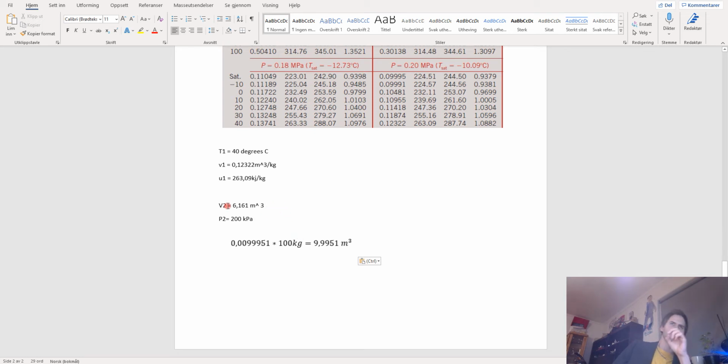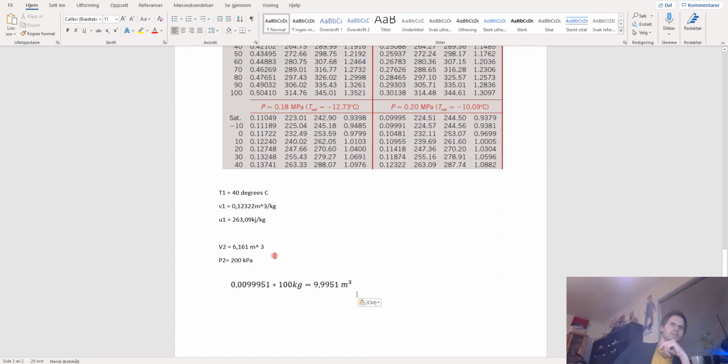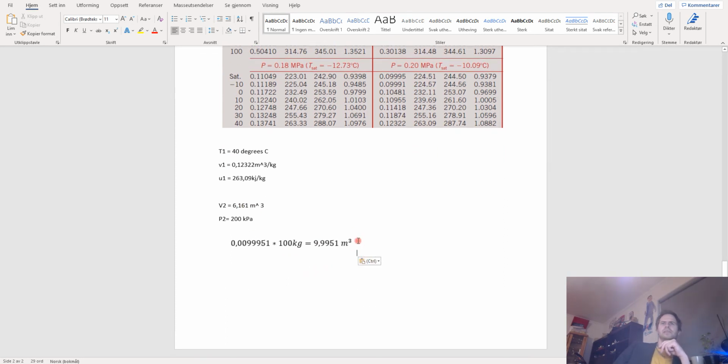As you can see, the total volume is now 6.161 cubic meter, and if you count the gas only, if it's a pure gas, then it will be a volume of 9.9951 cubic meter, and that is bigger than the maximum possible volume. So that means it must be saturated. Then it's easy to see: stage 2 is a saturated mixture.